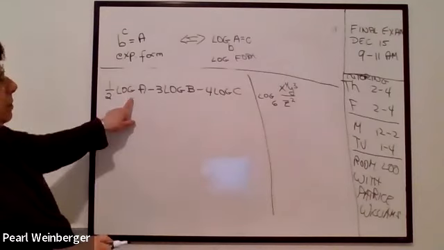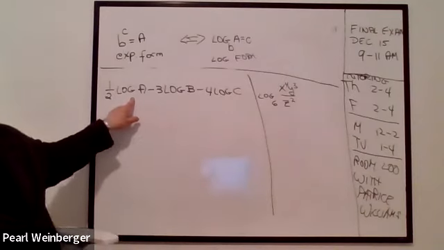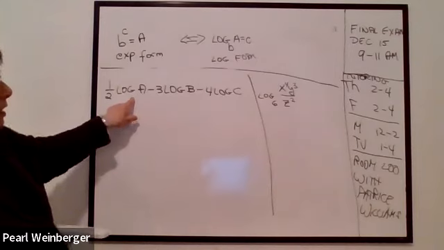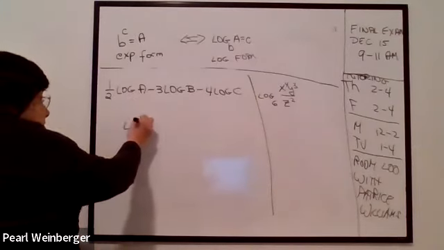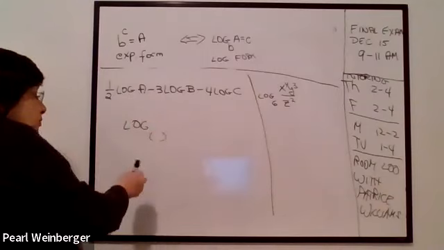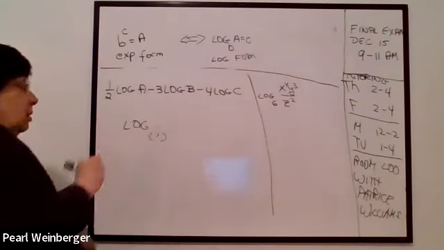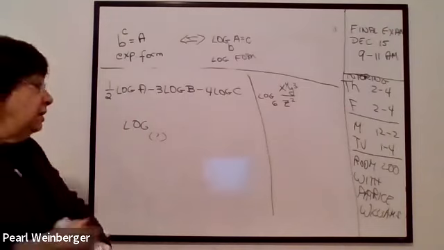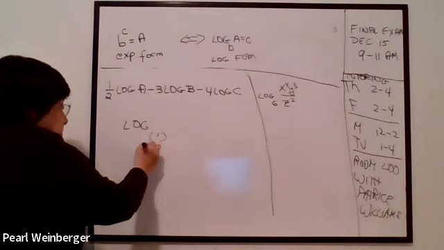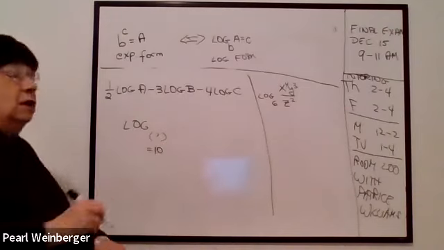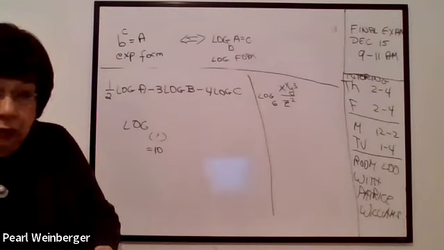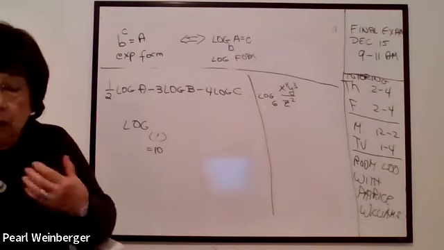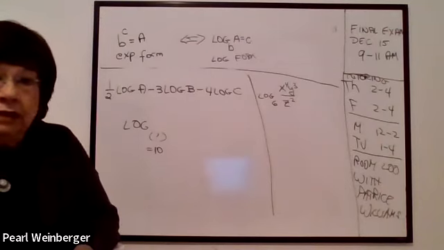But I want you to remember something that we mentioned on Friday: when the word log is written and there's no base written in, it's understood that the base is 10. It's what's called a common logarithm, and common logs work very well with our number system because our whole number system is based on 10.